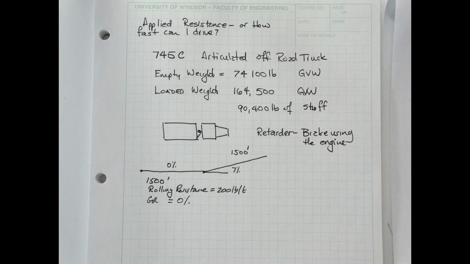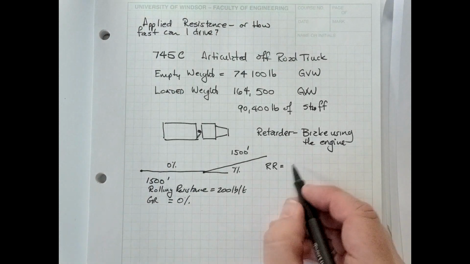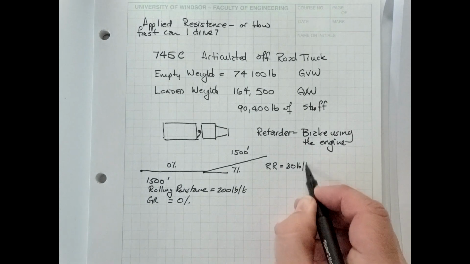And obviously, this would be something that we would be surveying a little bit, right? So if we have this section, here we have a rolling resistance that is going to be equal to 80 pounds per ton.